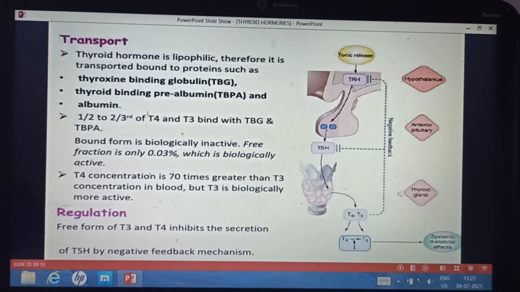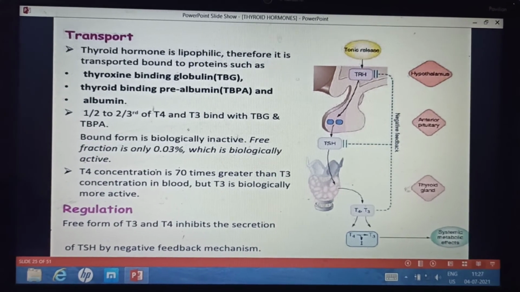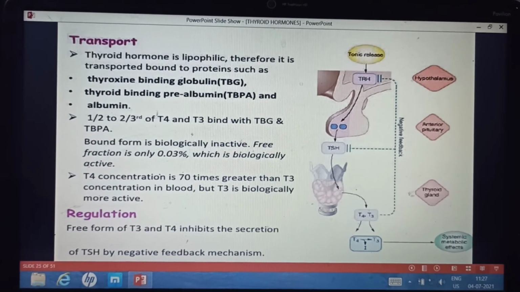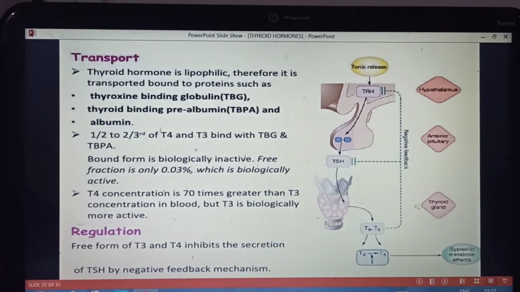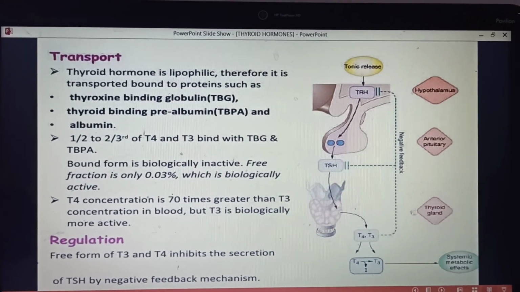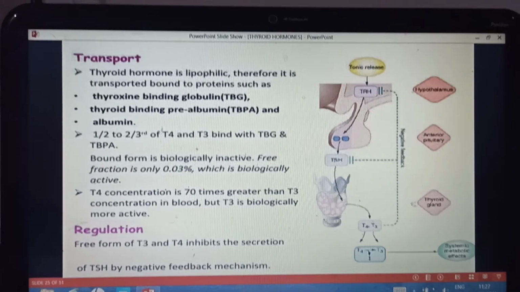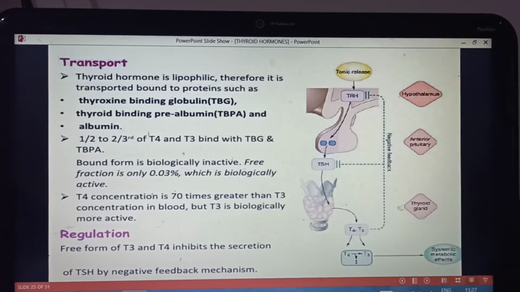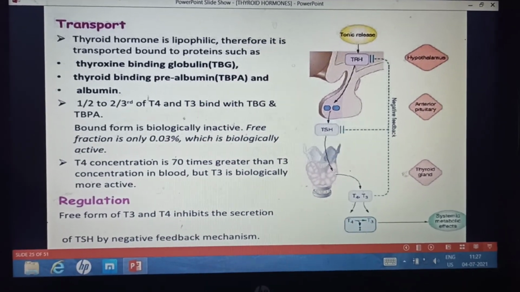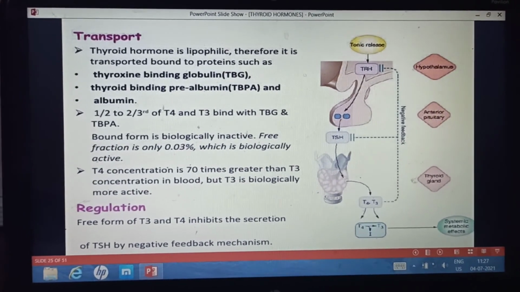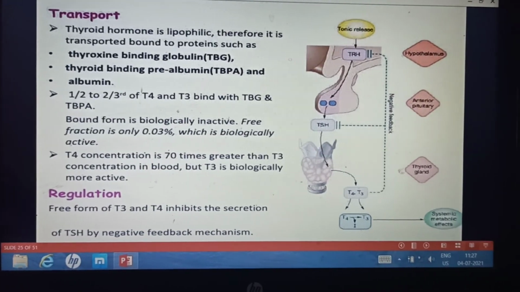Very small amount is in the free form, almost 0.03%, which is biologically active. T4 is more than the T3, almost the concentration of T4 is 70 times greater than the T3, but T3 is biologically active. Regulation of the secretion we have already seen in the previous slides.